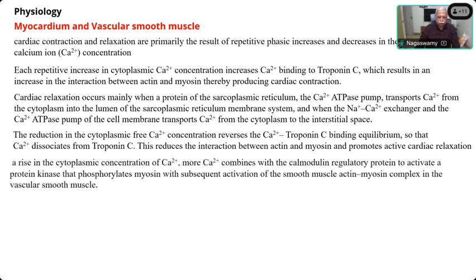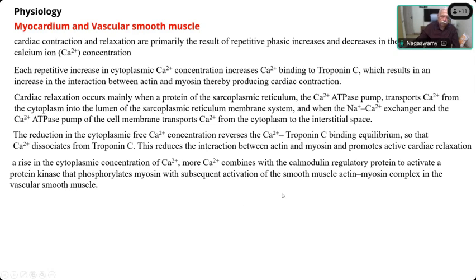And there is a combination with the calmodulin-regulated protein also, which activates protein kinase and phosphorylates myosin, with subsequent activation of smooth muscle in the vascular smooth muscle also. So apart from its action on the myocyte, it is very important for the action on the smooth muscle.